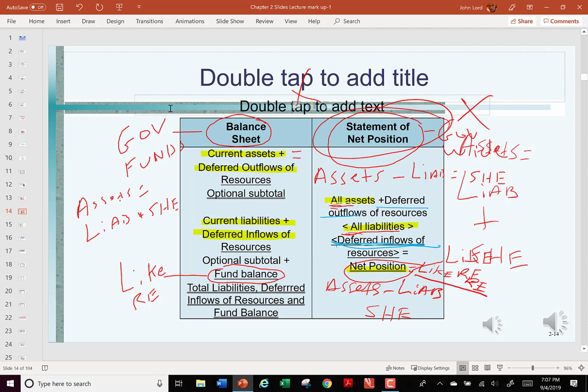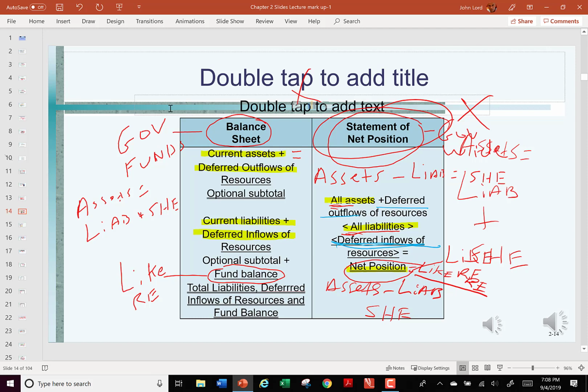I mean, they're the most descriptive version of an asset. Asset has future economic benefit. If you've prepaid something, you're saying, I have future economic benefit, right? Okay. So deferred outflows are money that I've paid that's sort of like an asset, but not quite. And so I don't put it with my assets, but I put it next to the assets.